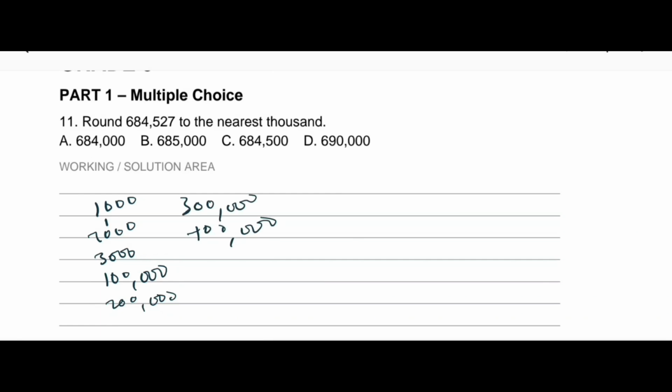Have you seen it? That's how the number should look. When they say you should round it to 1,000, the end of the number should have 3 zeros. Do you understand?